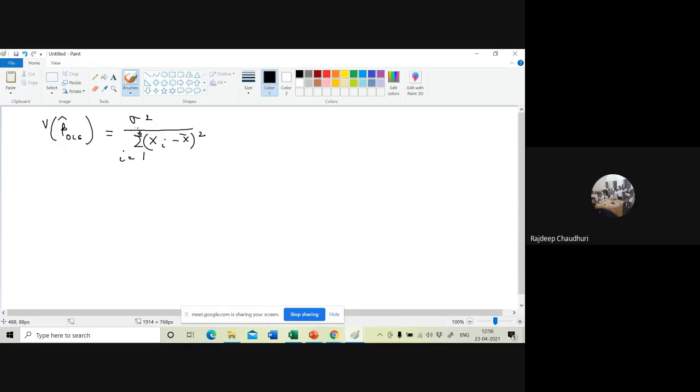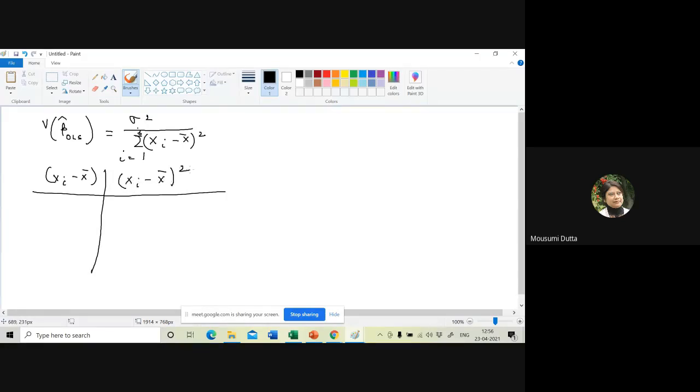Construct a table like this and find out the values. What is x bar? First tell me that.